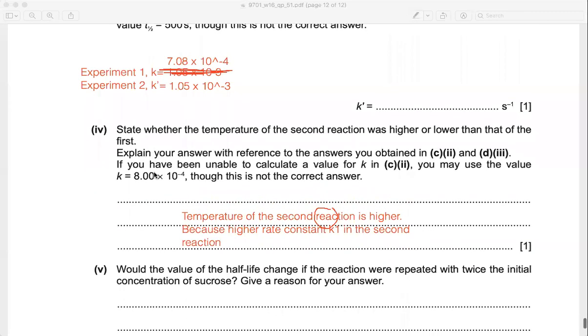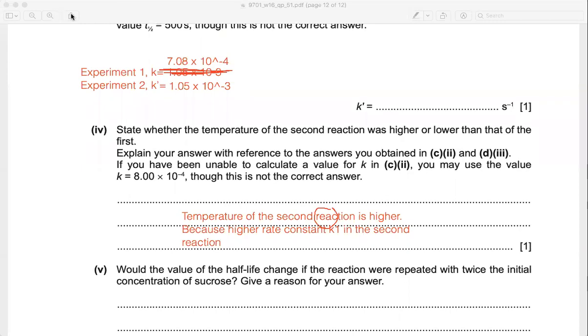Okay, would the value of the half-life change if the reaction were repeated with twice the initial concentration of sucrose? Now, one thing that you need to remember about the half-life of a first order reaction is that it is constant. Half-life will not change.